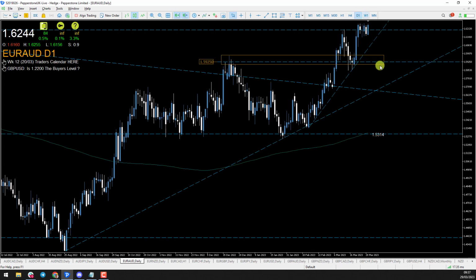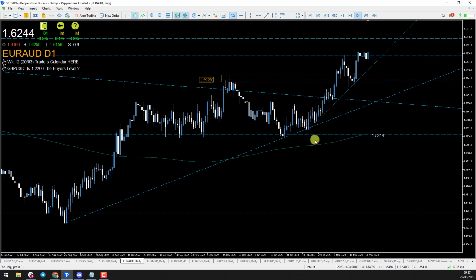If I actually go into the daily time frame, you can see that within that bullish move, price has been forming higher highs and higher lows, and it actually came back into the previous weekly highs of the 1.5925, which held confluence with this trendline support, and that was a really nice area to look for the long into the 1.62.